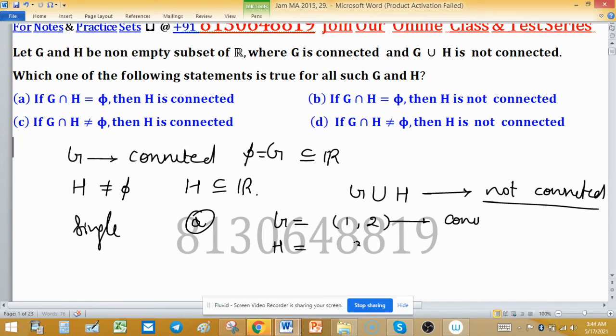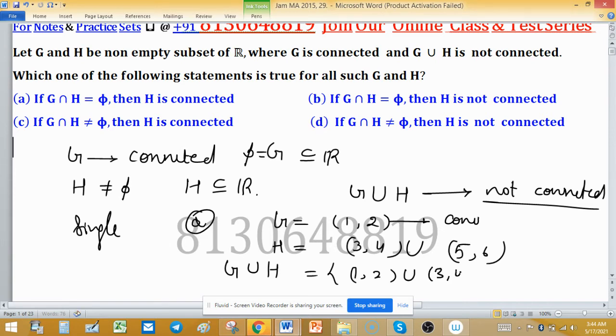So you can take (3, 4) union (5, 6). So this is H. So G union H will be the interval (1, 2) union (3, 4) union (5, 6).